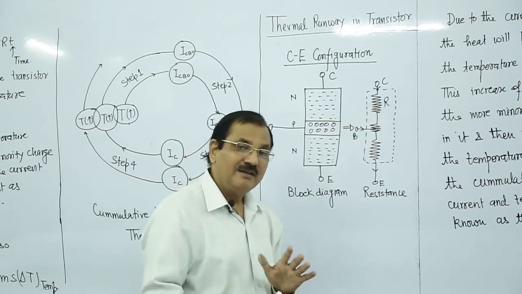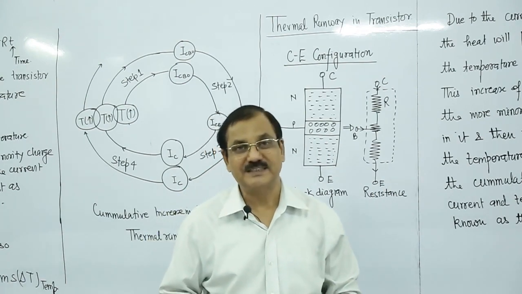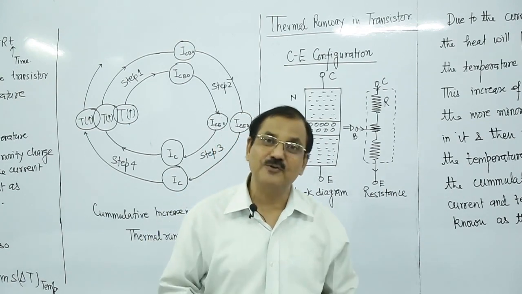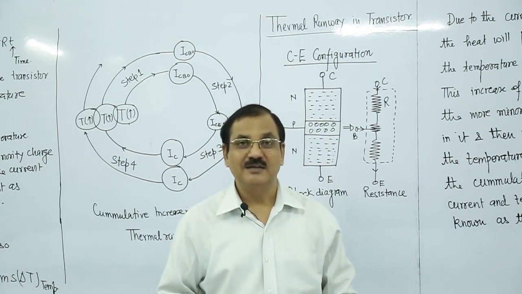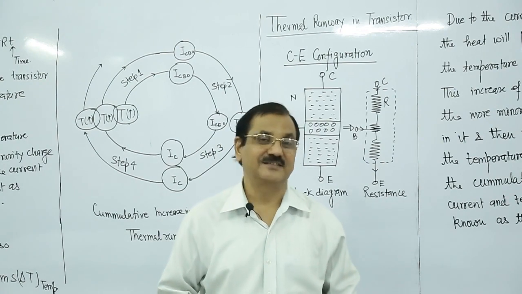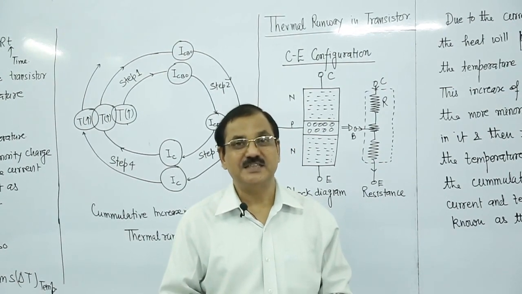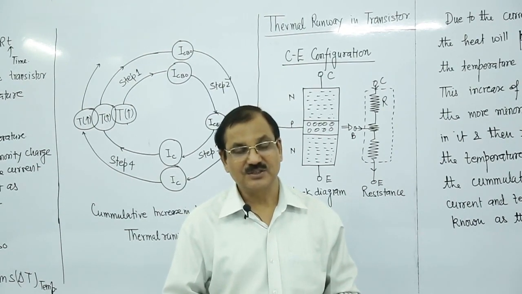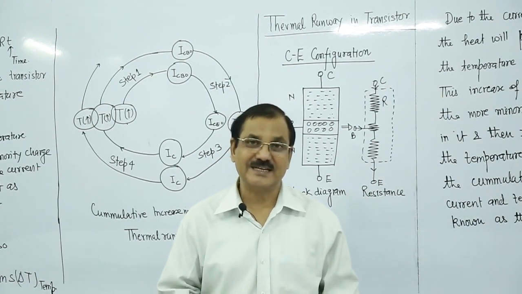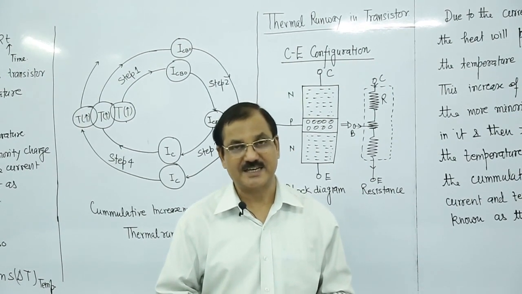So what will happen? We know the fundamental law, Joule's law of heating, that if current is flowing in a conductor which has resistance R, then that will produce heat. If heat is produced inside the material and that material absorbs that heat, then in the case of an extrinsic semiconductor, that will increase the minority charge carriers.